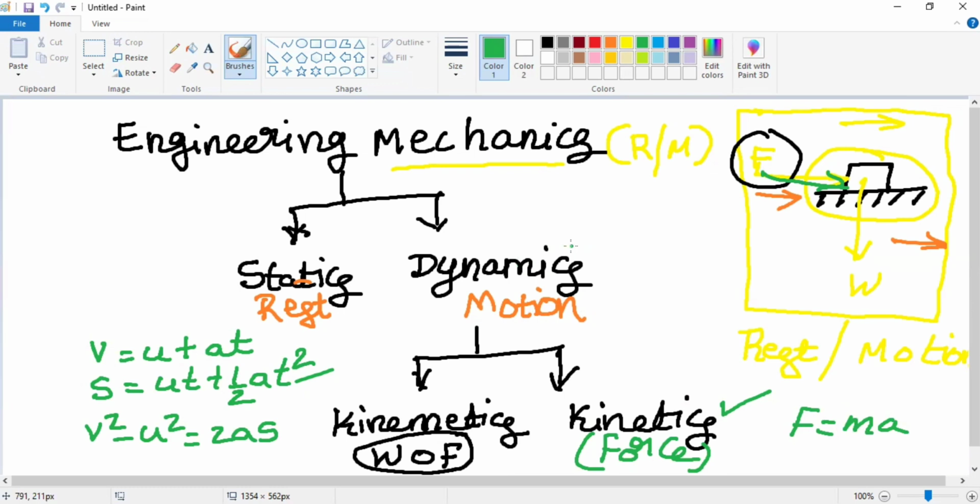Simply, mechanics means we are studying the body when that body is in the rest condition or in the motion condition.